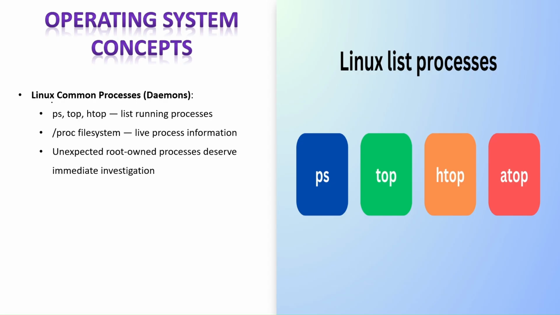Then some common Linux processes, also known as daemons in Linux. These are ps, top and htop, which list all the running processes in the operating system. The /proc file system shows us live process information. Unexpected root-owned processes deserve immediate investigation by the analyst.